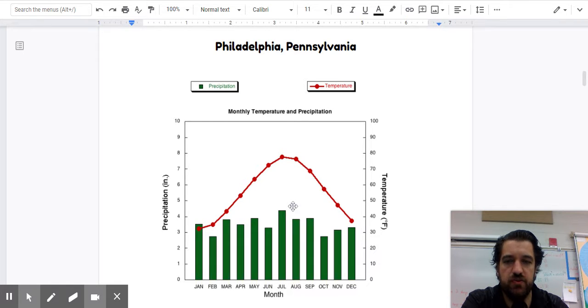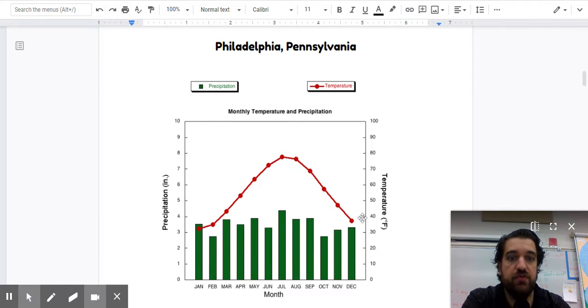But you just have to make sure that A, you're looking at the proper graph, whether it be the bar graph or the line graph, and secondly, that you're using the proper y-axis, right? For instance, we had some people in class the other day who I might ask, what was the temperature, or what was the precipitation in December?